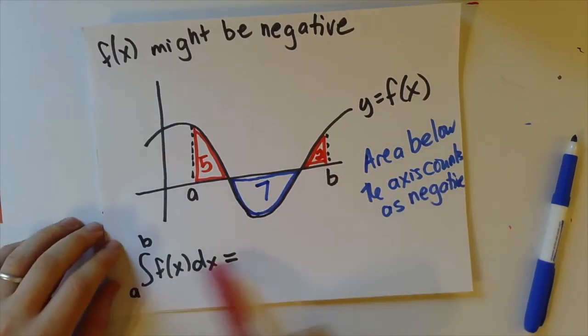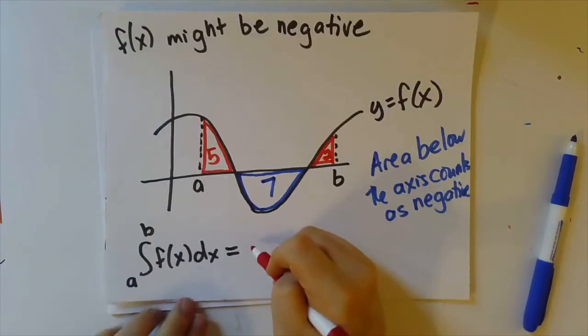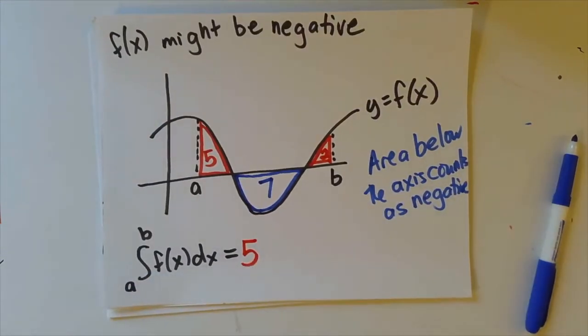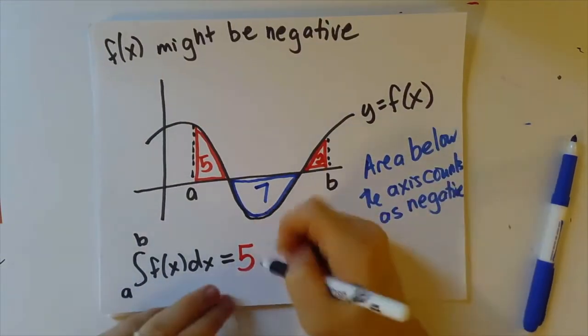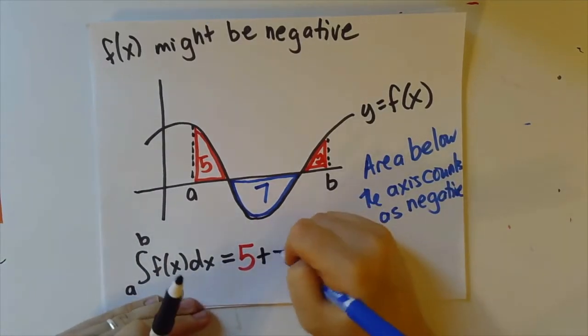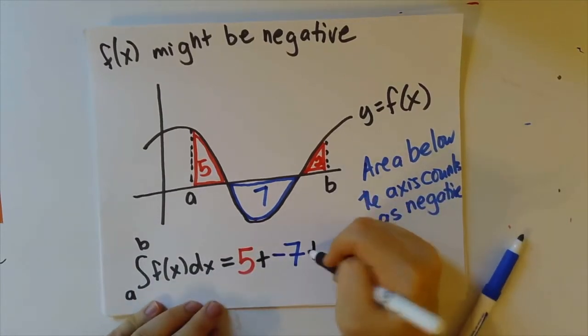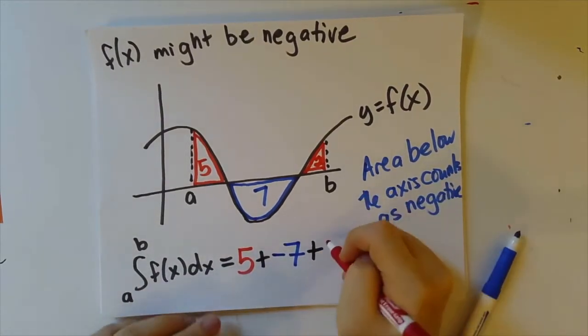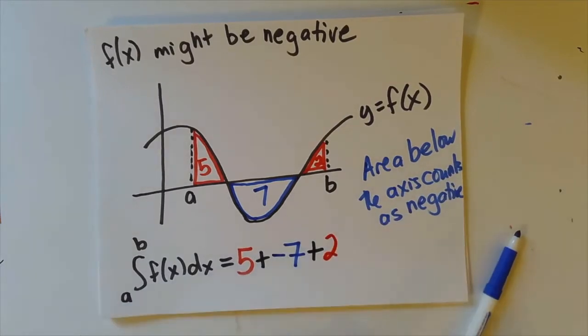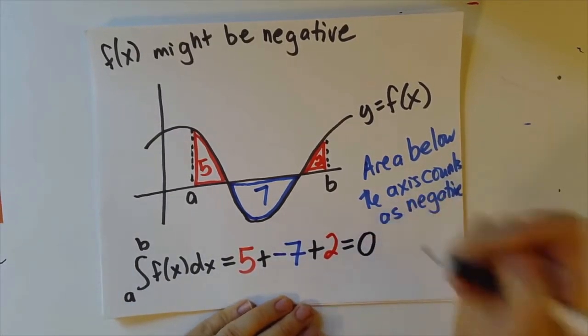Then the integral from a to b of f of x is going to be 5 plus minus 7 plus 2, and in this case it works out to be 0.